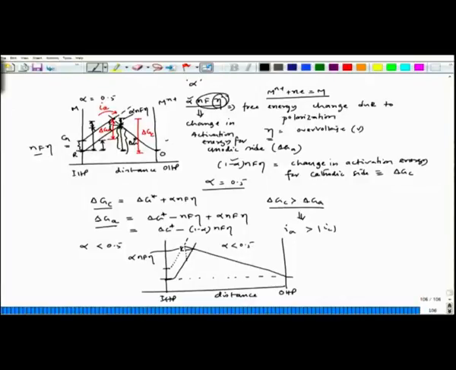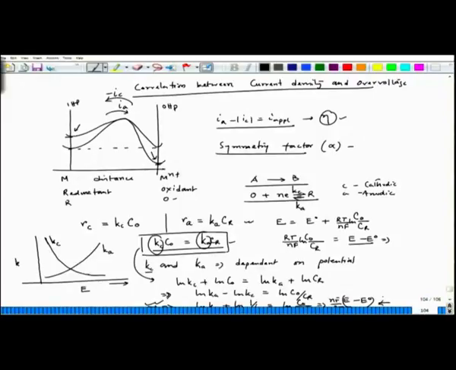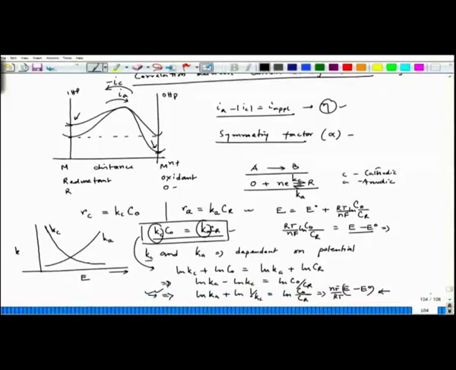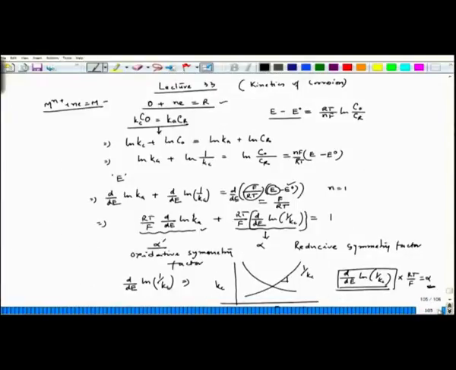And interestingly, if we see the expression for α, it is this one.